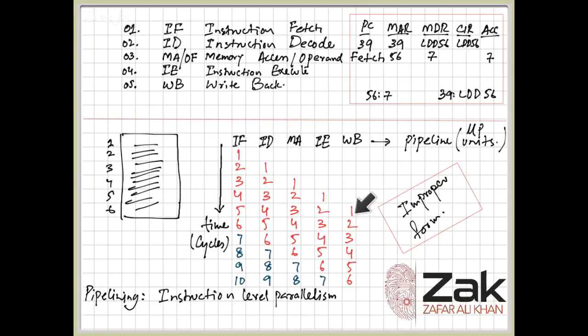When the first is written back, the second is being executed, the third one is being accessed, the fourth one is being decoded, the fifth one is being fetched. All right. And these are 6 instructions. When the 6th instruction is being written back, there is a lot of garbage in the pipeline. So we still need what? Flush.